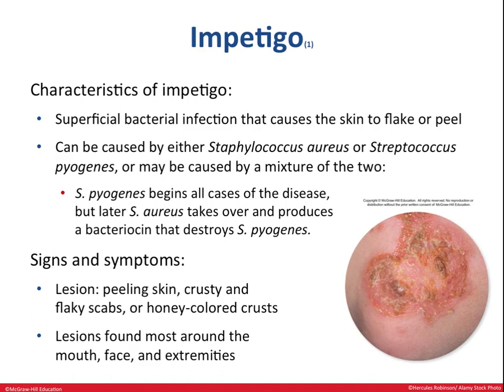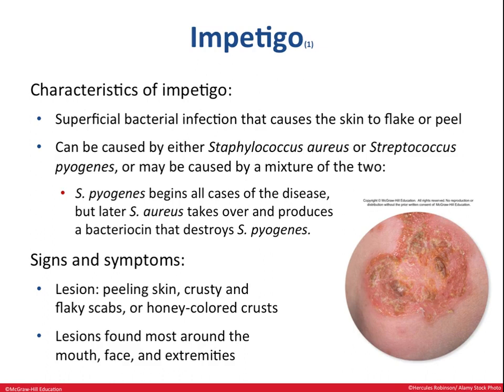Staphylococcus aureus causes skin lesions, with peeling skin, crusty and flaky scabs with a honey-colored crust.